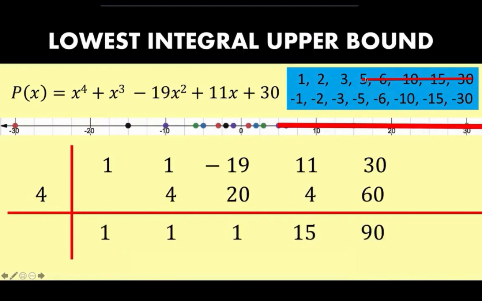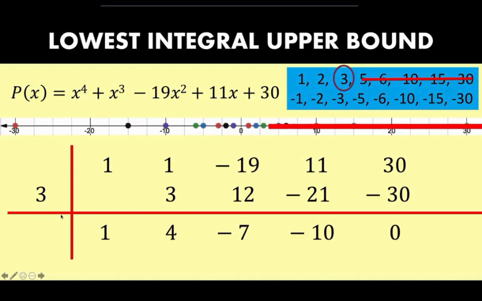If we try the next integer lesser than 5, that is 4, notice that if we perform the synthetic division, the last row is also all positive, which means that 4 is also an upper bound. Now let's try positive 3. Using synthetic division, notice that the last number here, which is the remainder, is 0.